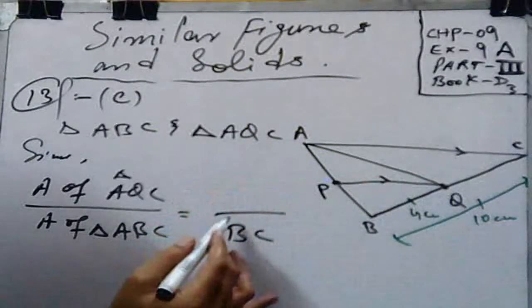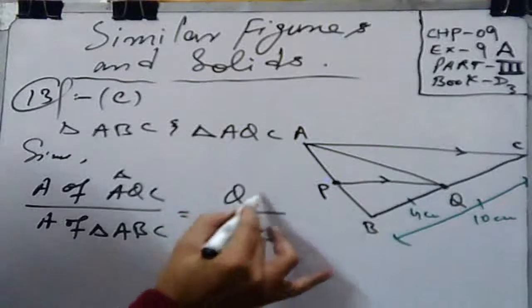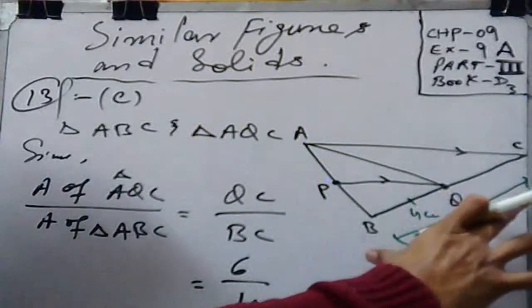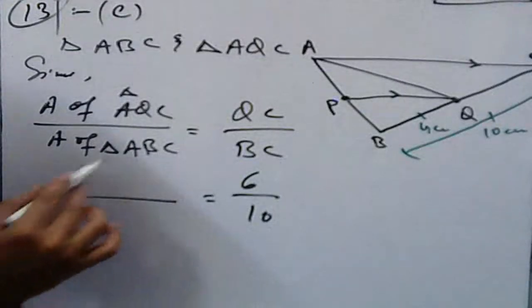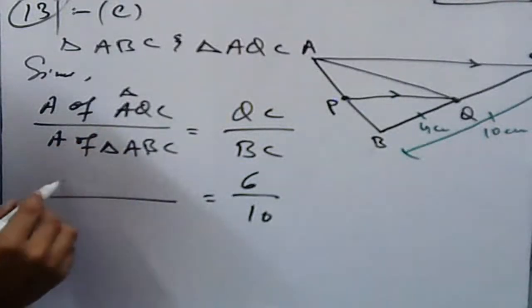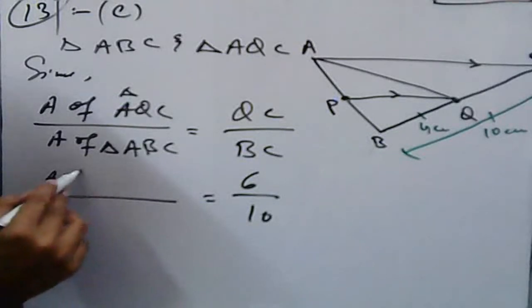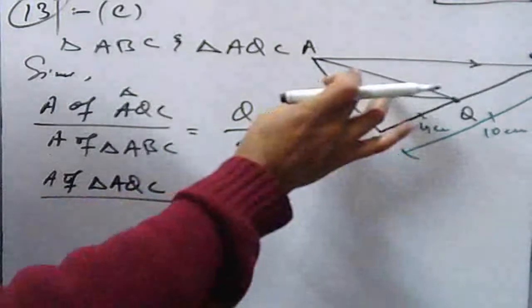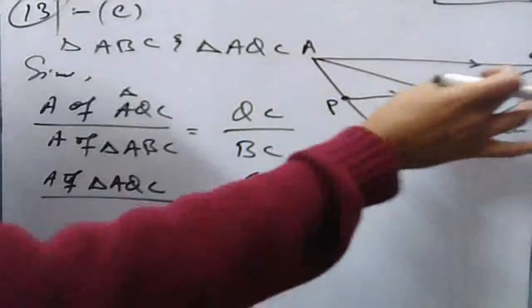Putting the values, QC is 6 and BC is 10 with the help of this diagram. We need the area of the smaller triangle AQC.